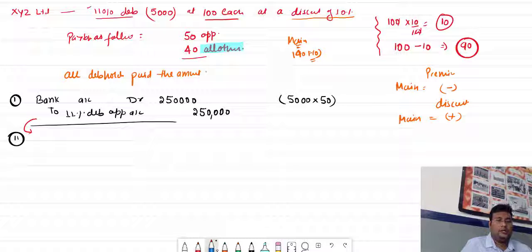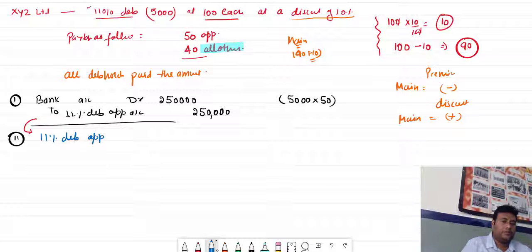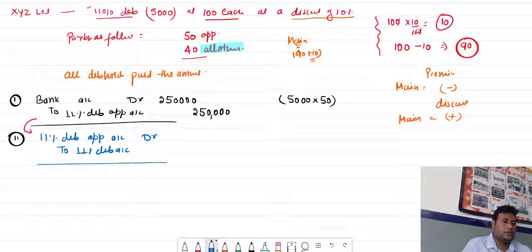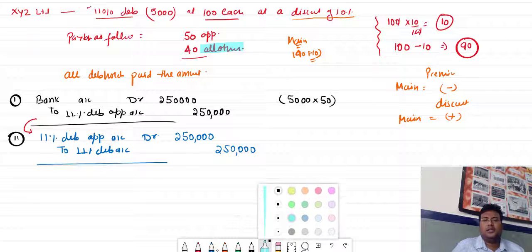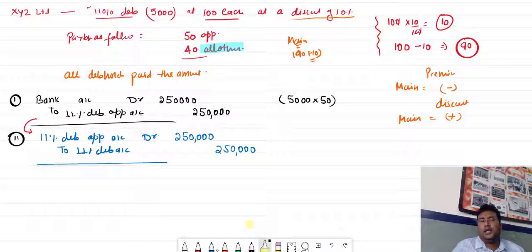So it will be 11% debenture application account debit to 11% debenture account, 2,50,000 and 2,50,000.